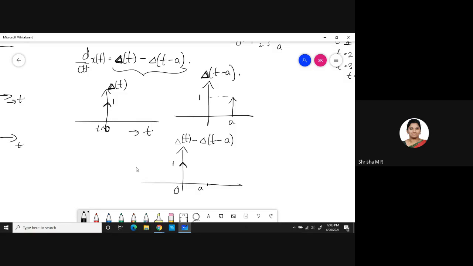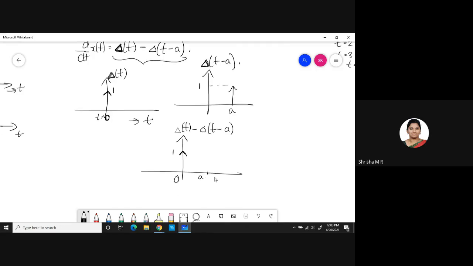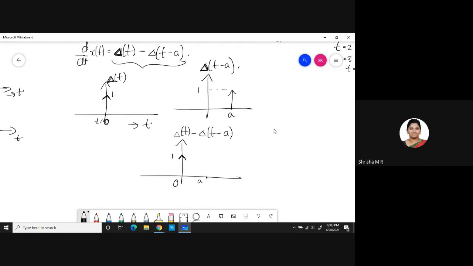Will it be plus 1 or minus 1? Minus 1, correct? So this is delta of t minus a, and minus delta of t minus a has amplitude minus 1 at a. Yes or no?